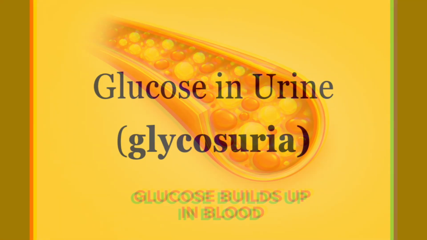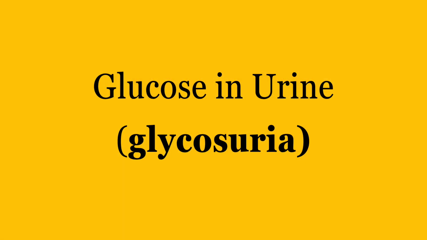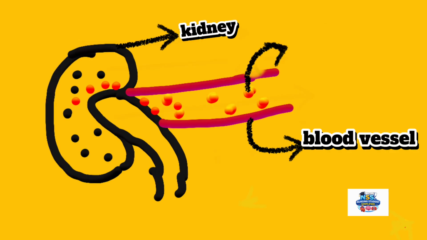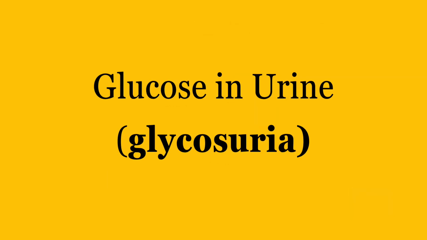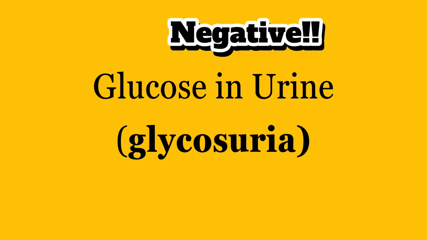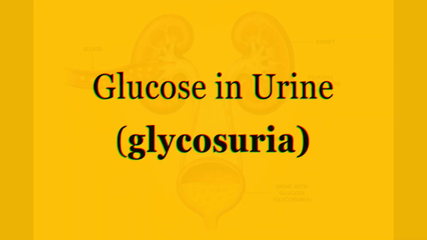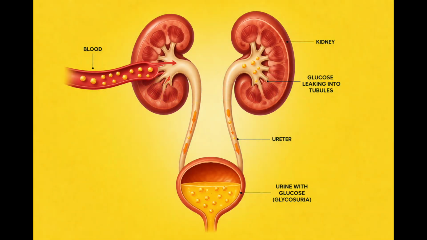Now, the body tries to remove this excess glucose through the kidneys. Normally, once the kidneys sense glucose in the urine, they will reabsorb it back into the blood, which is why in a patient that does not have diabetes, once you test their urine for glucose, you will not find any. Now, in diabetes, there's so much glucose in the urine, the kidneys cannot reabsorb all of it.